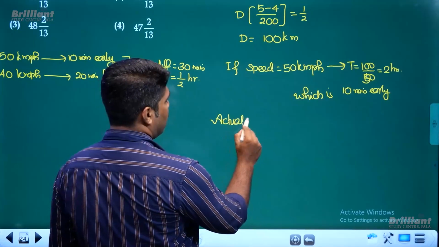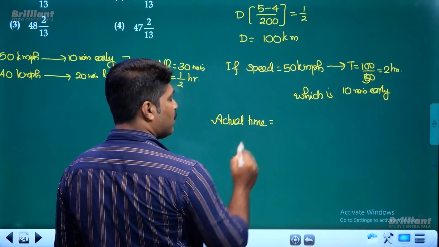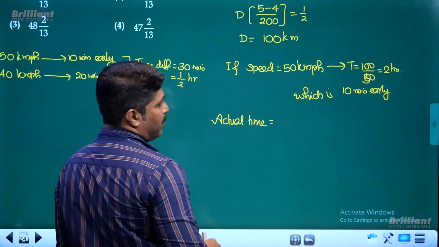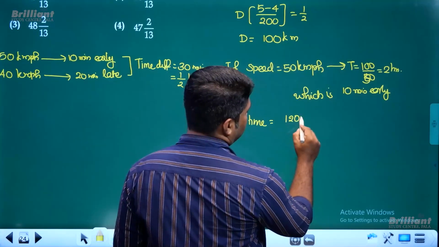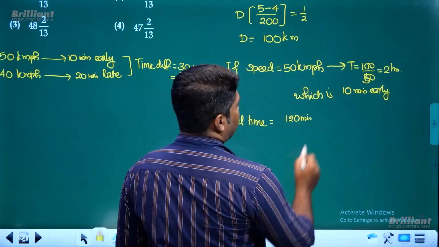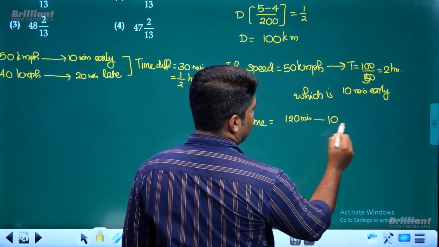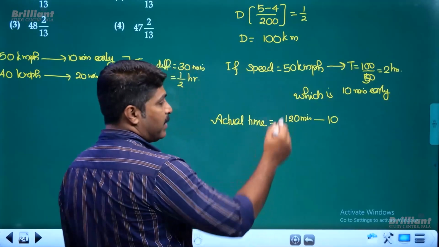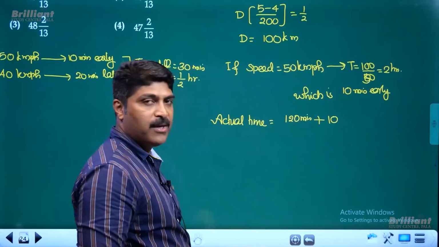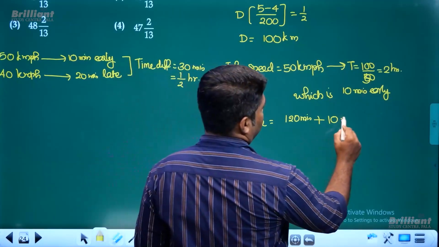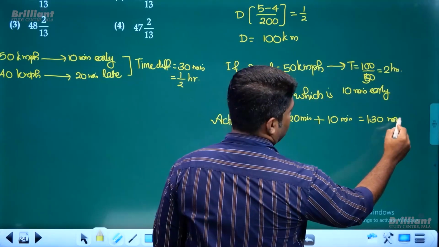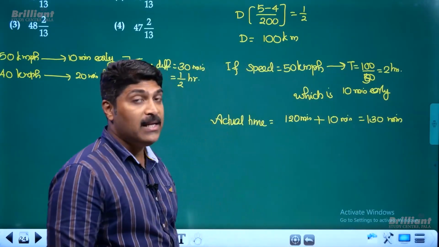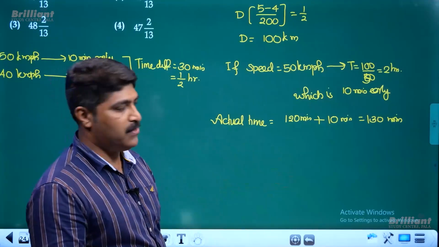The actual time, or the duration of the trip, is equal to 2 hours, which is nothing but 120 minutes. This is 10 minutes early, therefore the required time is 120 plus 10, which is equal to 130 minutes. So he needs to reach the office in 130 minutes.